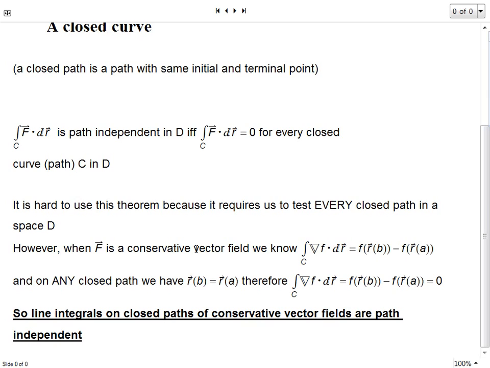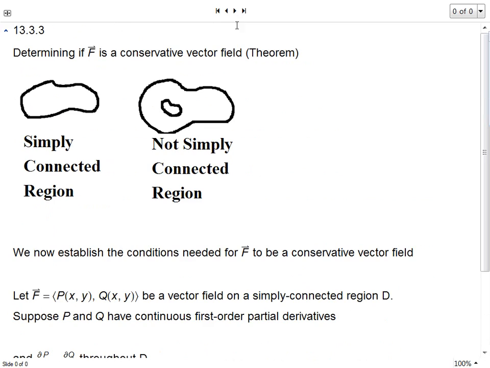Yes? Well, let's see what I give you. I may give you a vector field, and you may have to show that it's a conservative vector field.